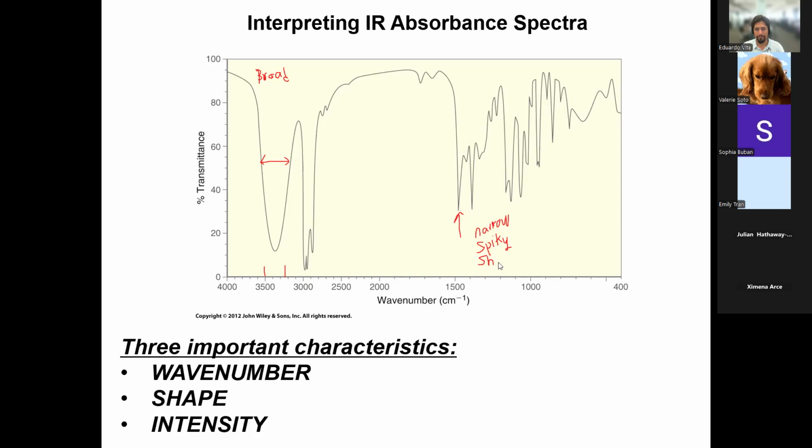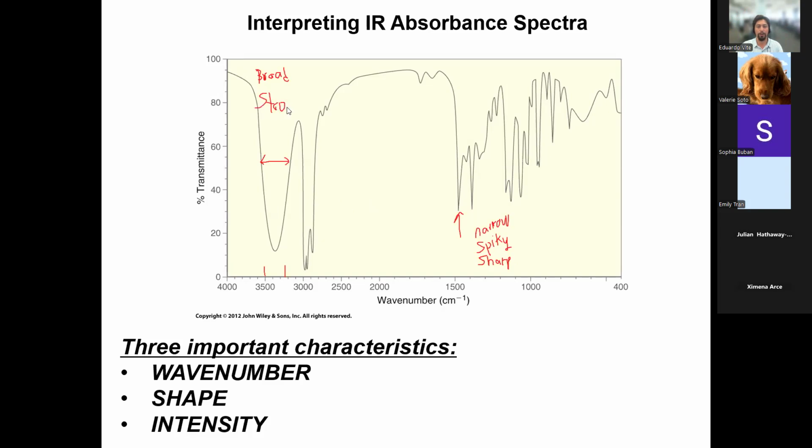Sharp. Even though there are some words that we use as standard, I want you guys for now just to practice describing what you see. Use your words, right? They don't have to be exactly the specific words. We'll focus on that later. But I want you guys to be able to look at a peak and tell me, oh, that is a strong intensity, broad peak, right? So this one could be also described as strong.